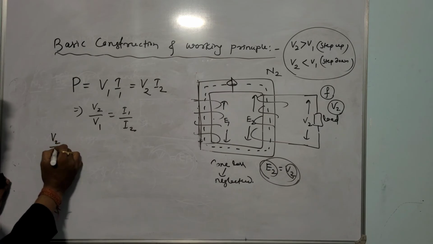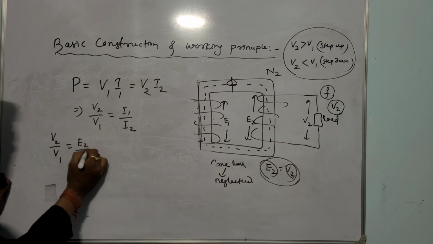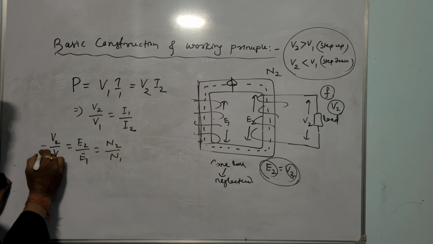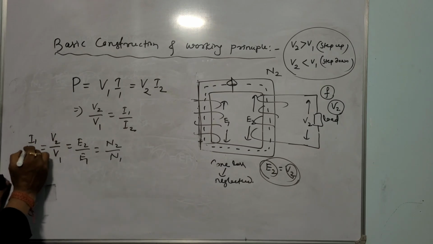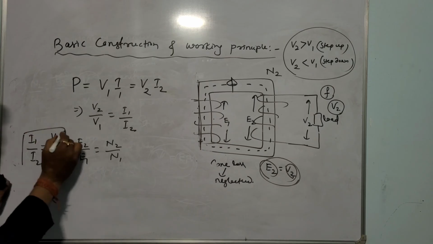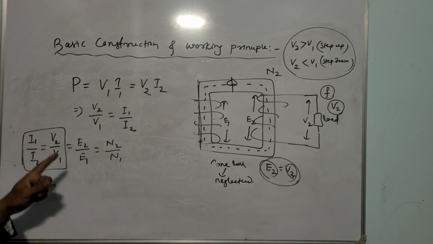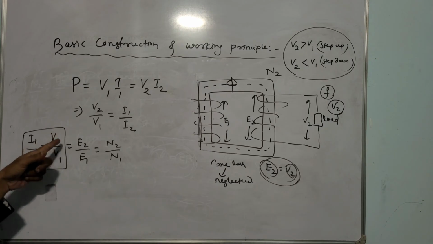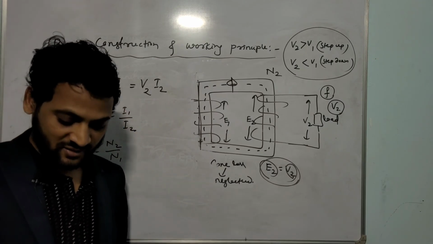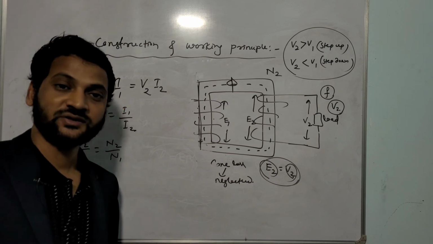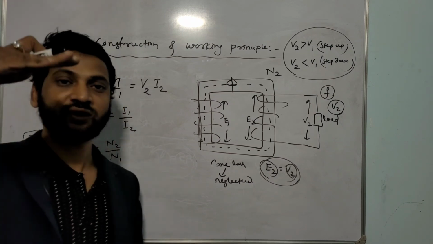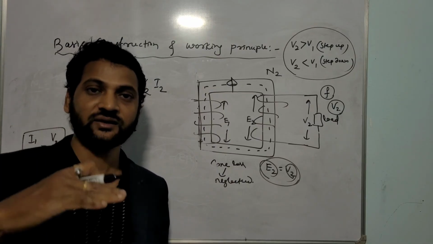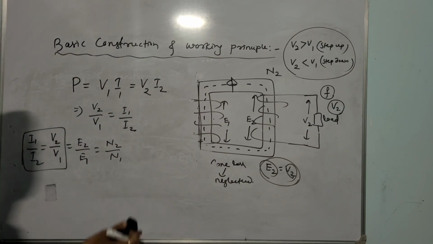But we know V2 by V1 is E2 by E1 is equal to N2 by N1, and V2 by V1 is I1 upon I2. So remember this formula, it is very important. That means if you want a step up transformer, the output voltage will be more, but the output current will be less. So as I said initially, a transformer is a static device which raises the voltage by decreasing the current and which lowers the voltage by increasing the current.